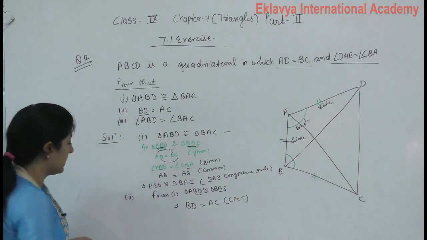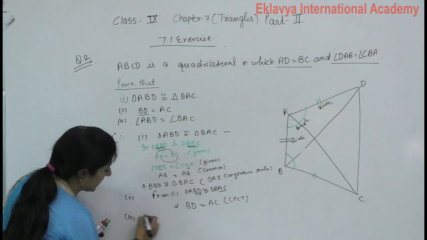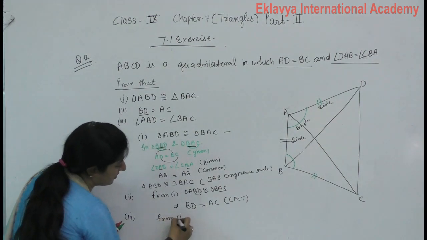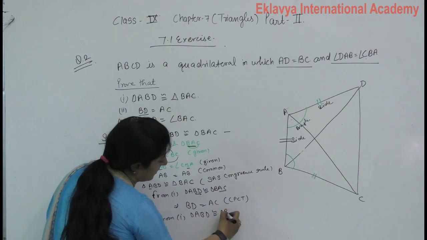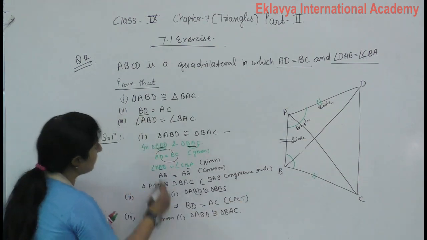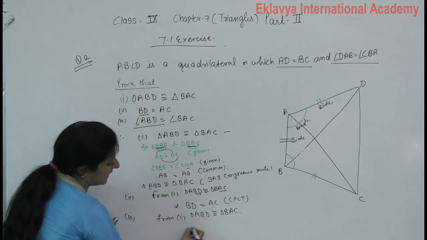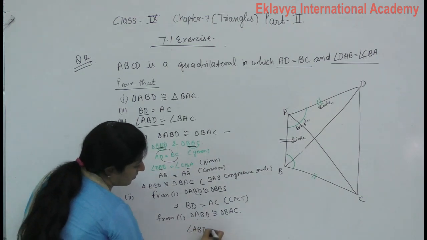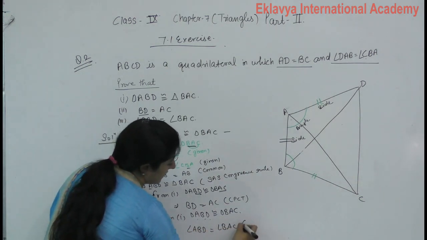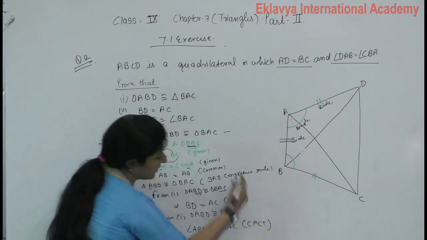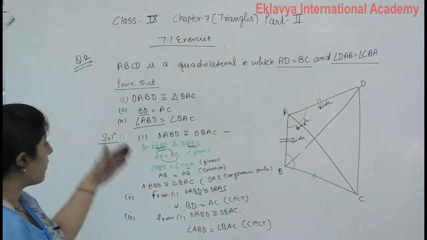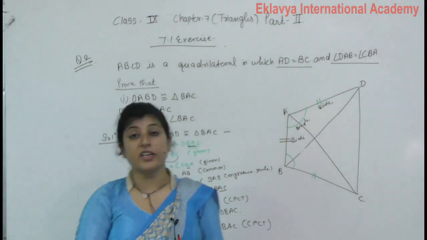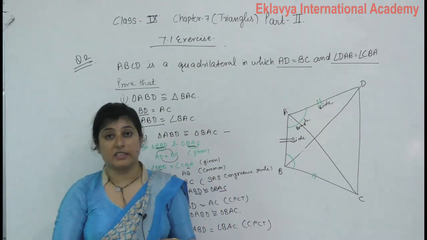Yes or no? Third, again from first, triangle ABD is congruent to triangle BAC. Then angle ABD is equal to angle BAC, reason CPCT. Hence proved all the parts. This way we will solve all the parts of congruency of a triangle.